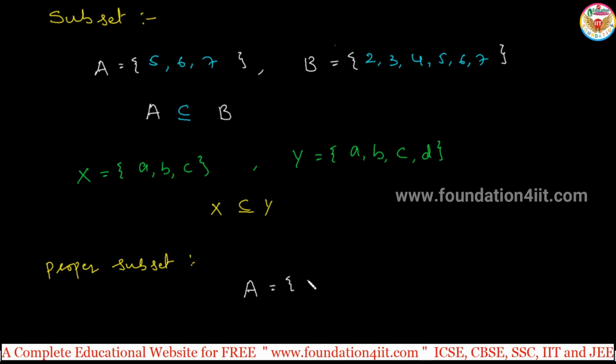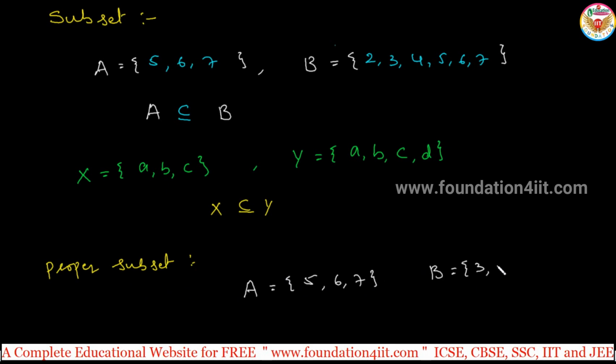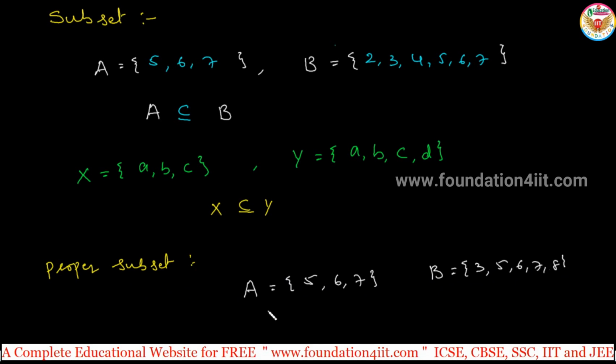A is having elements, same as previous, 5, 6, 7 and B is having elements 3, 5, 6, 7 and 8. So here there exists at least one element in B which is not in A. So in B there must be one extra which is not in A.